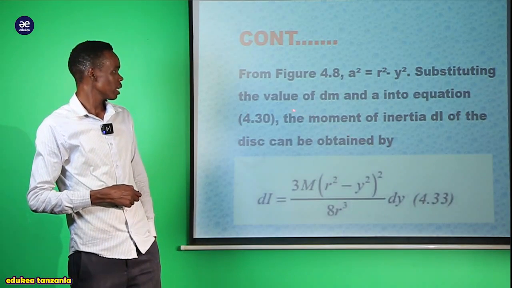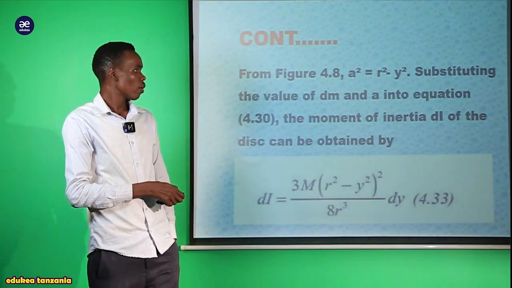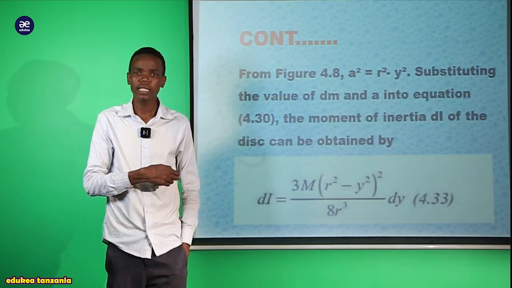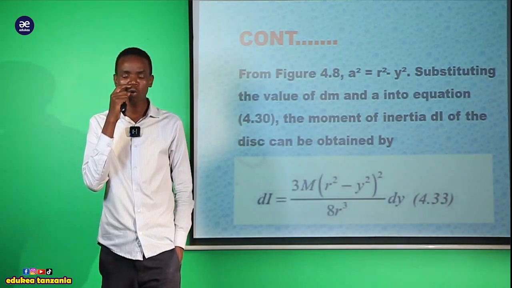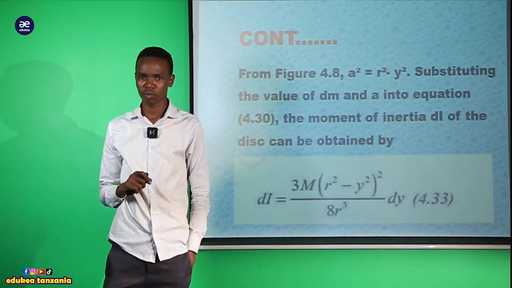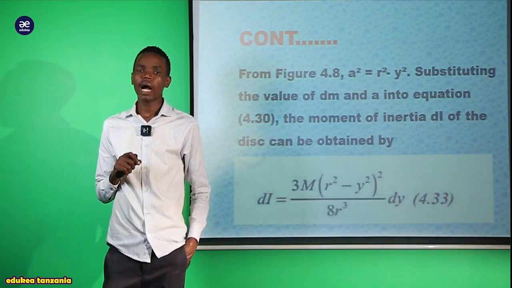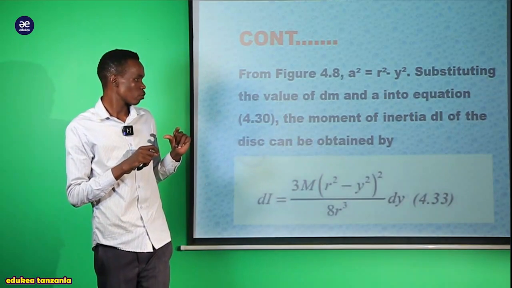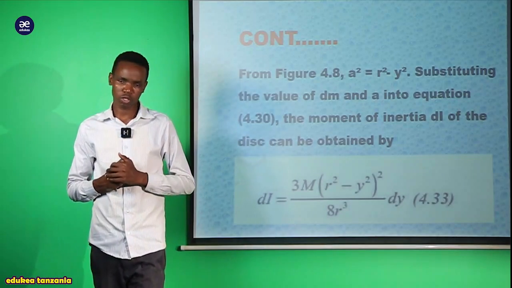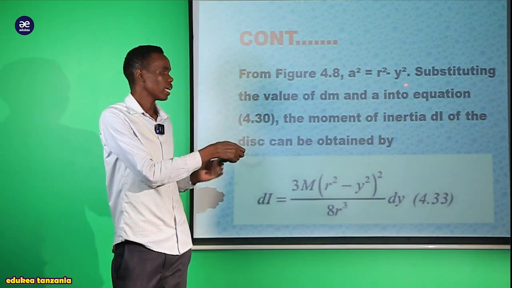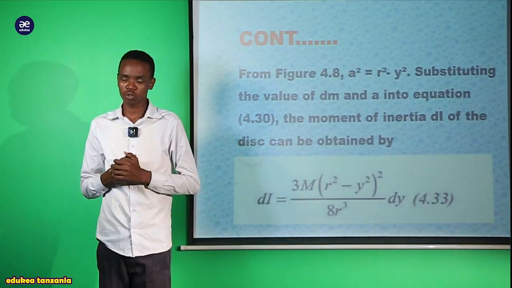After that, my dear student, we are supposed to take this a square and also the mass of the elemental disk and substitute them into equation 4.30 from our first topic. Now let us take dm and a square and demonstrate it.